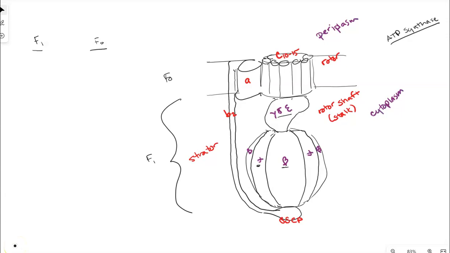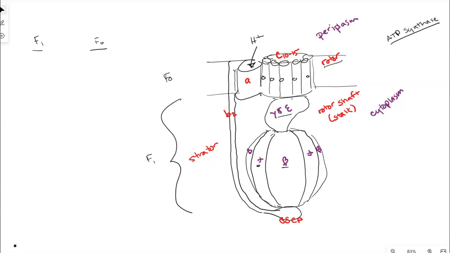A couple important terminology points. For the F0, you have the rotor, which causes a physical rotation as protons move through. The way that works is protons move into subunit A, and then they interact at specific points on the C components of the protein.